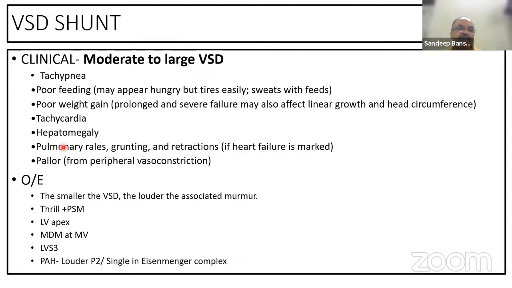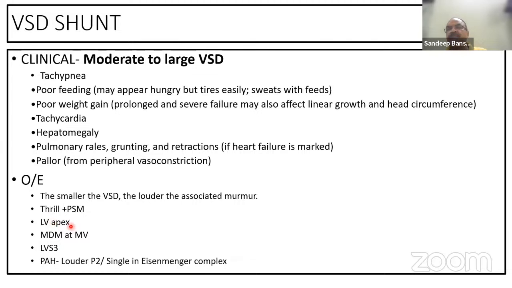It may be just an ejection systolic murmur. In general, as the VSD size increases, the loudness of the murmur decreases. The murmur becomes less and less loud. But the typical teaching is that the pansystolic murmur of VSD is associated with a thrill.